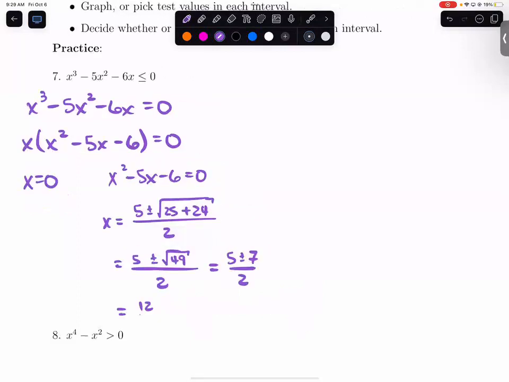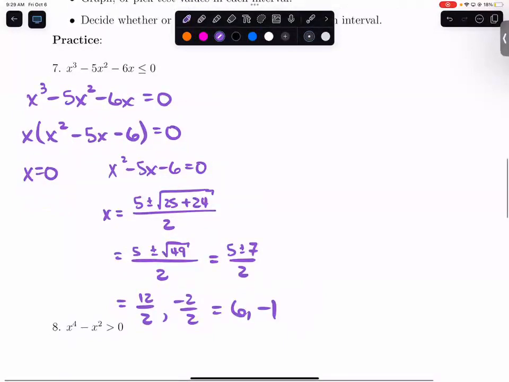So 12 over 2, negative 2 over 2, or 6 and negative 1. So 1, 2, 3. 3 solutions to the equation, 3 x-intercepts for the function, right? Those mean the same thing because we set it equal to 0.